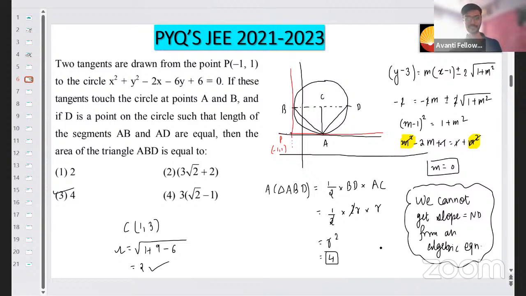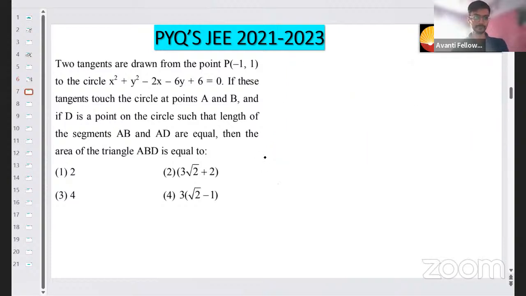Correct? So that's why a quadratic equation has to have two roots, and if one of the roots is not defined, then we'll get only one root, which will be 0. So I hope you got how the tangents are parallel to x-axis and y-axis. So after this assumption, you can easily draw the diagram. Let's see the next question, guys.